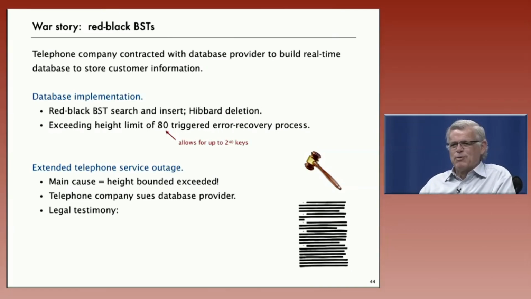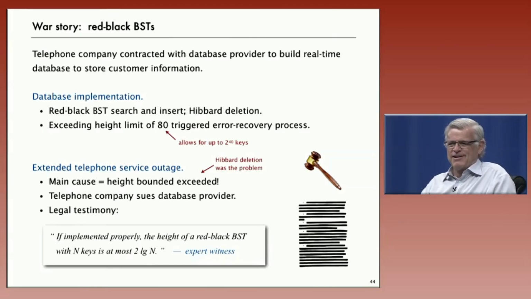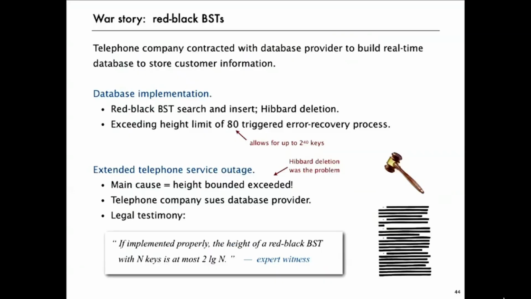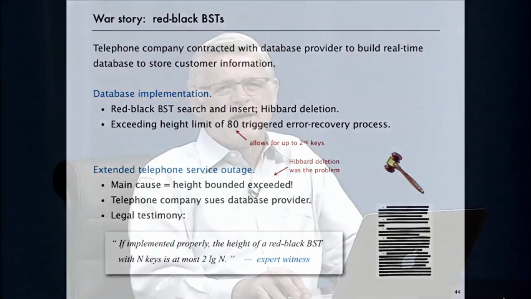And I'm happy to report that it was clear that Hibbard deletion was the problem once the expert analyzed it. And the expert witness, who's a colleague of mine, said if implemented properly, the height of a red-black BST with N keys is at most 2 log N. So that's the story of red-black BSTs, guaranteed logarithmic performance for all symbol table operations.